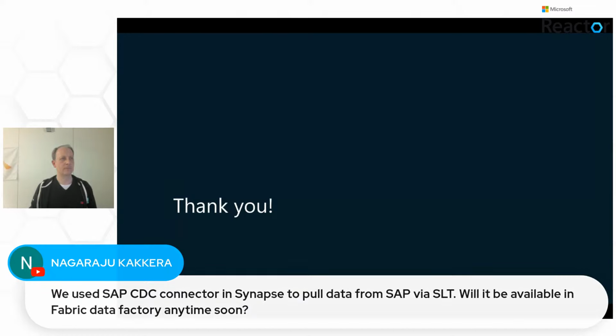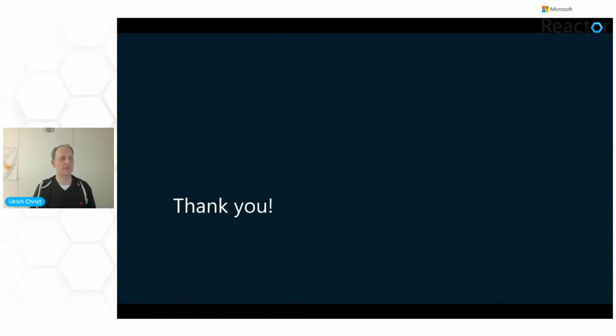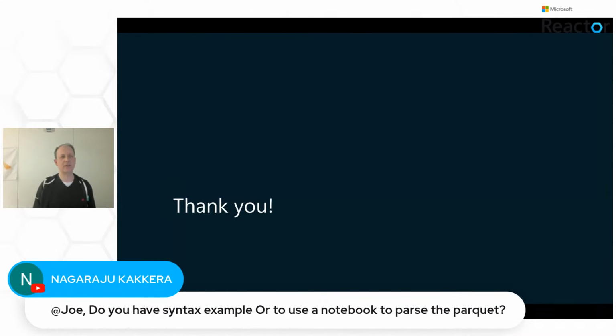Next question, do you have a syntax or use a notebook to parse Parquet? No, we don't have an example for that yet. I'm actually thinking of writing a blog post to provide some template code. Sometimes things are a little bit tricky if you have multiple files coming in and you need to process things in the right order.